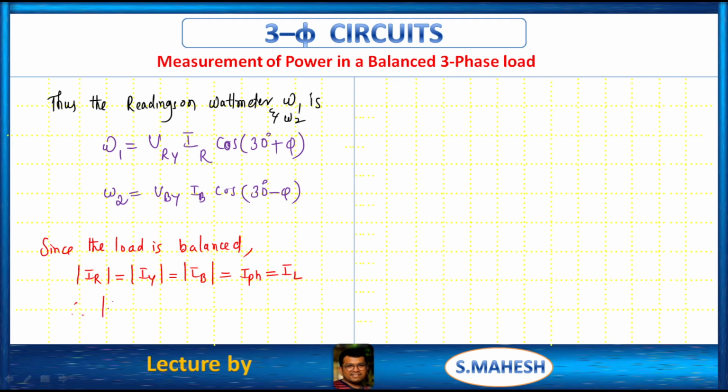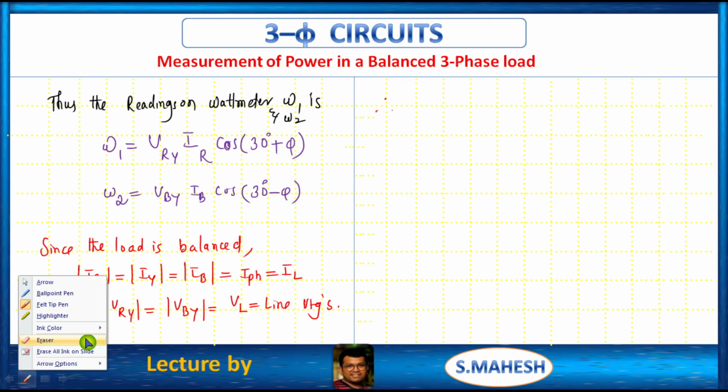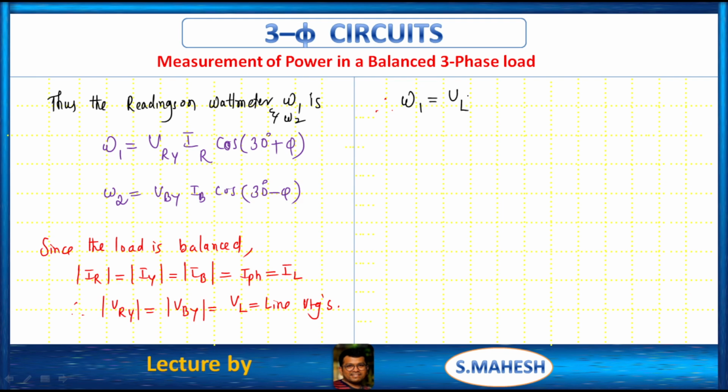Therefore, the line voltages Vry equals Vby are line voltages. Therefore, we can say this is line current, which is phase as well as line in case of star. So W1 is VL IL cos 30 plus 5 and W2 is VL IL cos 30 minus 5.